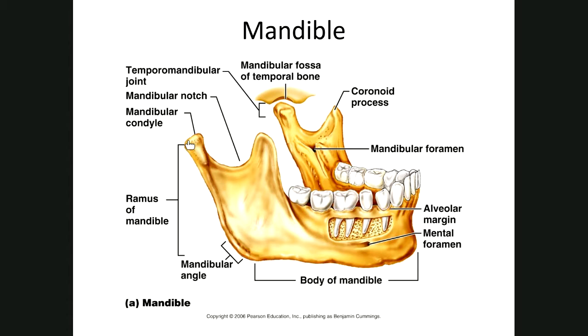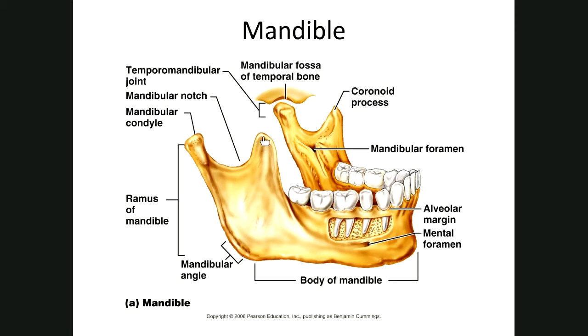There is an articulating surface here that articulates with your temporal bone. This is called the mandibular condyle. You've heard of TMJ problems. Temporomandibular joint is the joint between this mandibular condyle and the mandibular fossa on the temporal bone. We have a projection here called the coronoid process.